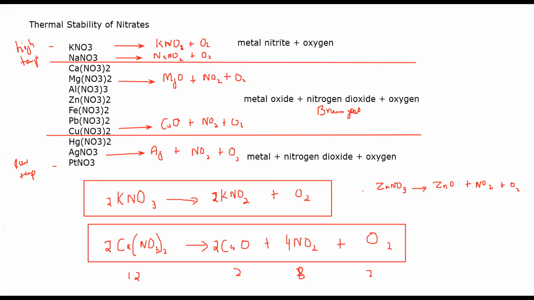Yeah, that's right. It is 2 zinc nitrate gives 2 zinc oxide, 4 nitrogen dioxide and oxygen.